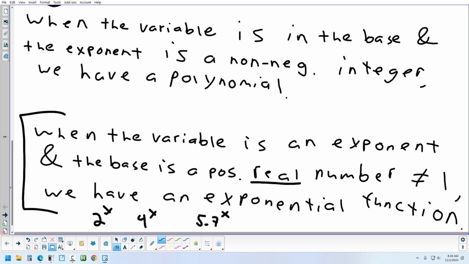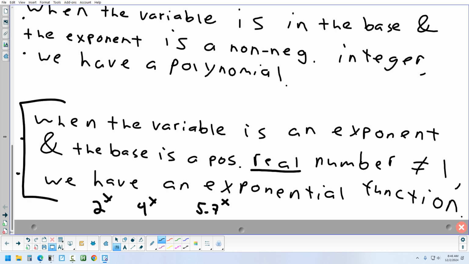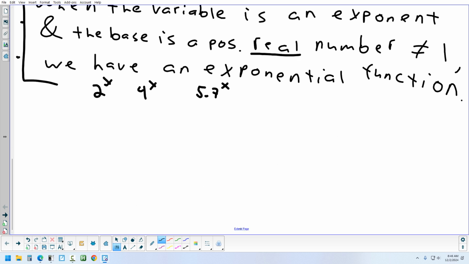All right. So any question on the difference between polynomial and exponential? Yeah? Why can't it be a 1? Because if it was a 1, let's make a table of some of the answers here. If x is 2, what's 1 to the second power? 1.